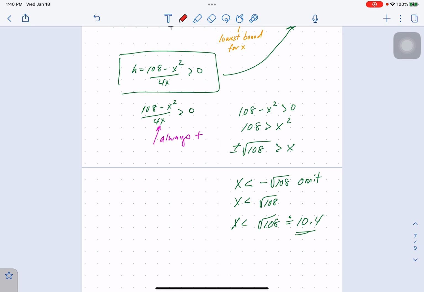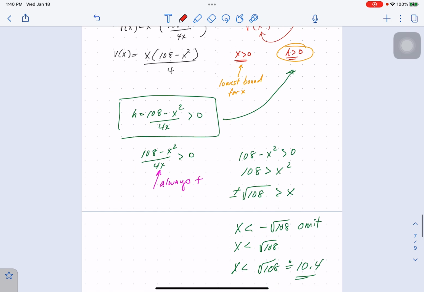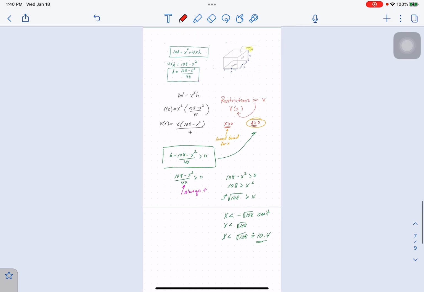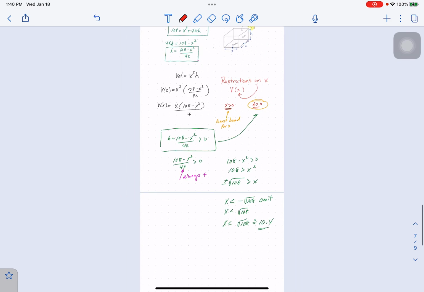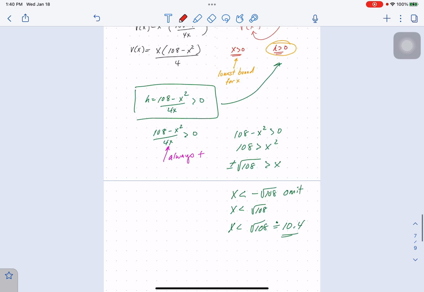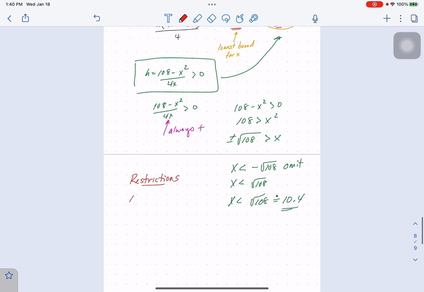And that took a lot of work. That took a lot of thinking. There's a bunch of stuff in there. You should be able to work through it, and we'll do more tomorrow. So bottom line, the restrictions were that x has to be greater than 0, and that h must be greater than 0.